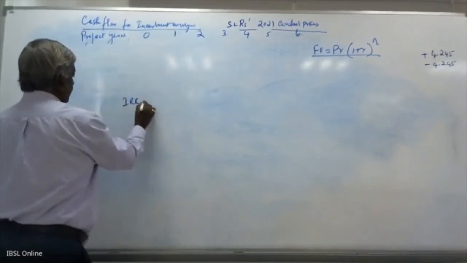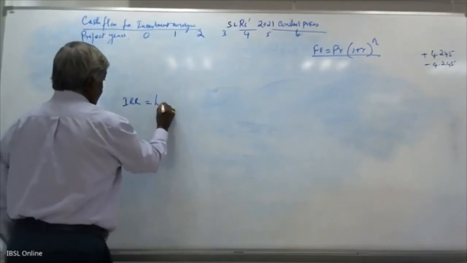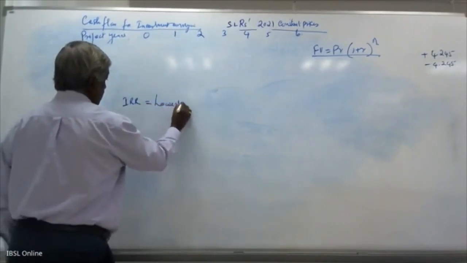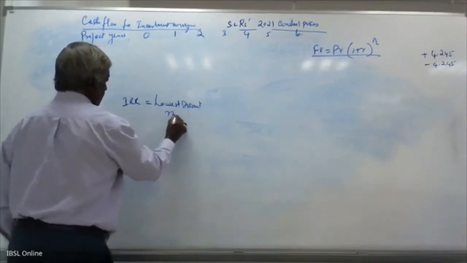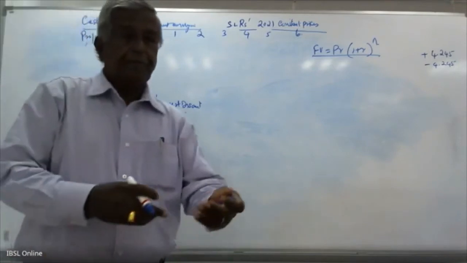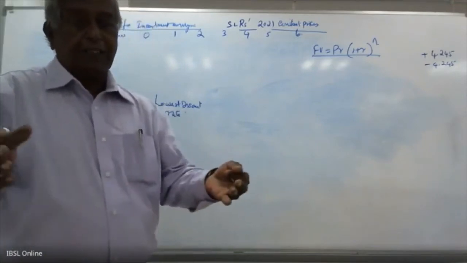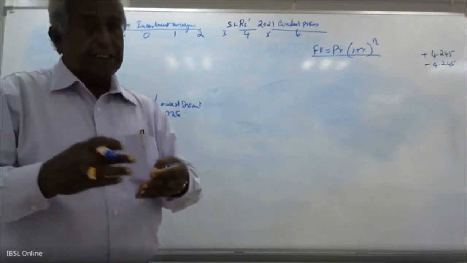IRR, internal rate of return, is equal to the lowest discount rate. When you do the calculation, there will be two discount rates: one is the lowest, the other is the highest.